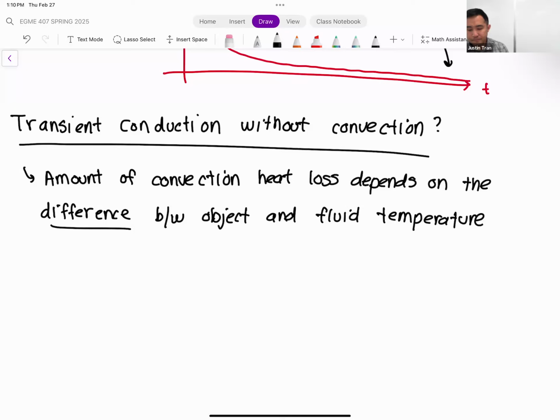In fact, we have our equation for this, which is Newton's law of cooling, which says that the convection heat loss is equal to h, the convection coefficient, times T, the temperature of the object, minus the temperature of the fluid, T infinity.